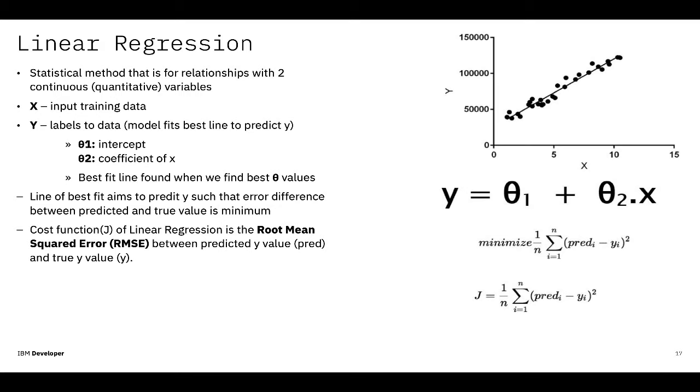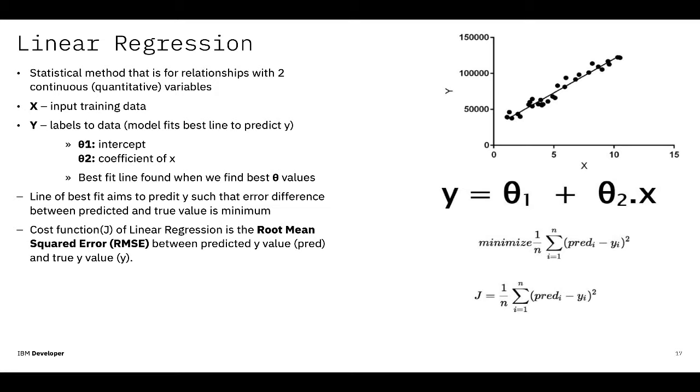And so when you're training the model, you'll be trying to find a line of best fit to best predict the value of Y for a given value of X. So we can see right here is the regression. That's the equation you're trying to find out, with theta 1 being the intercept and theta 2 being the coefficient of X. And the line of best fit is found when we find the best theta values.